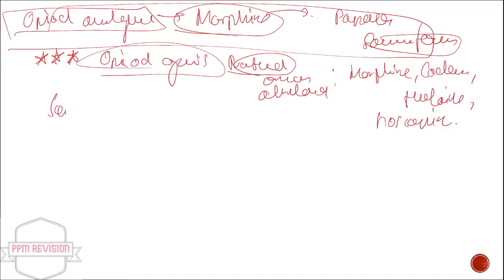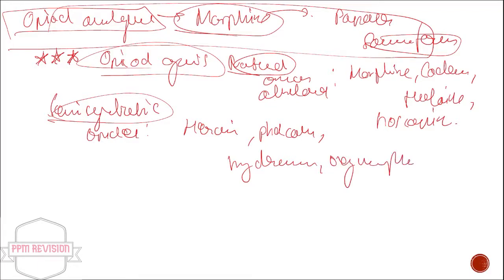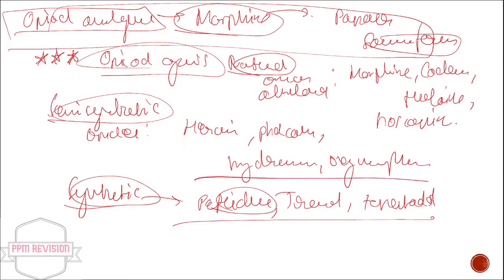Now looking at semi-synthetic opiates, under this there is heroin, pholcodine, hydromorphone, oxymorphone. Okay, then synthetic ones, there can be pethidine, tramadol, tapentadol. So these are just a few I have been naming.